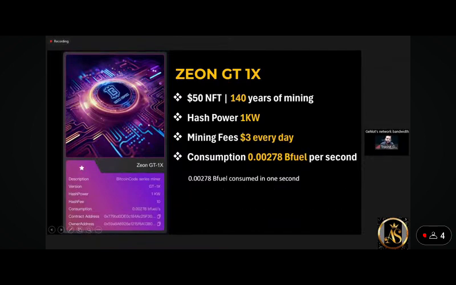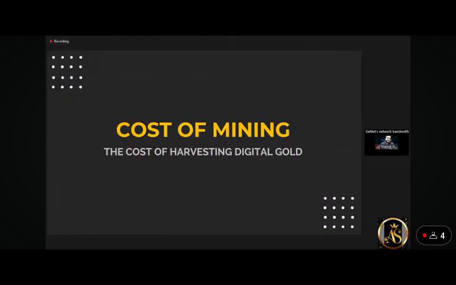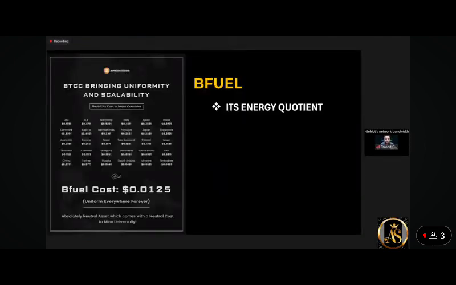Now, what is B fuel actually? Let me help you understand that as well. B fuel is basically an energy quotient. It is a parameter through which the cost of mining is determined. The price of biofuel has been fixed forever and everywhere. It is 0.00125. And because the cost of biofuel is fixed, the cost of mining is in a way fixed for each NFT.